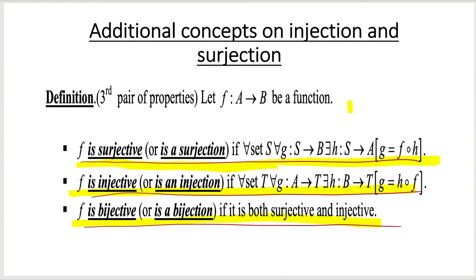So f is surjective, or is a surjection, if, with f from the set A to the set B, for all s in B, there is a certain j in A such that s is defined from s to A and j equals f from j. You can look at this in your lecture note. I just got it from a lecture note, so it's very important that you take a look.